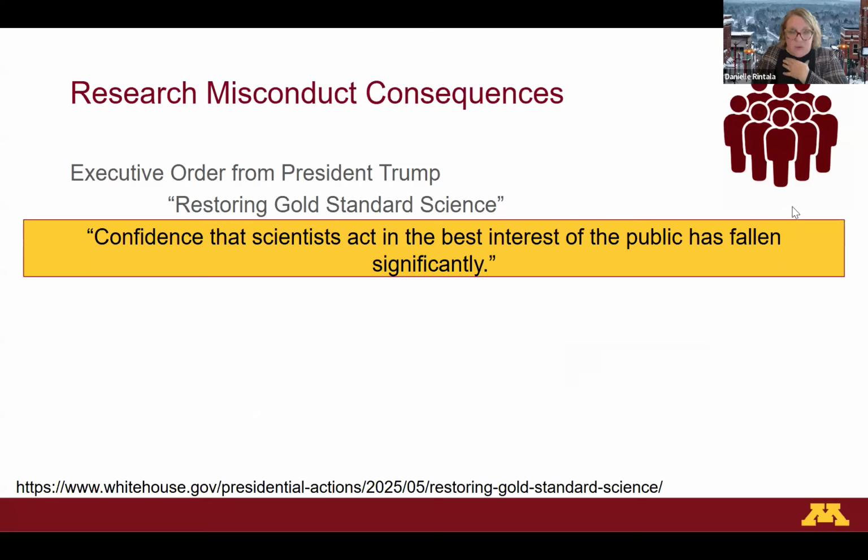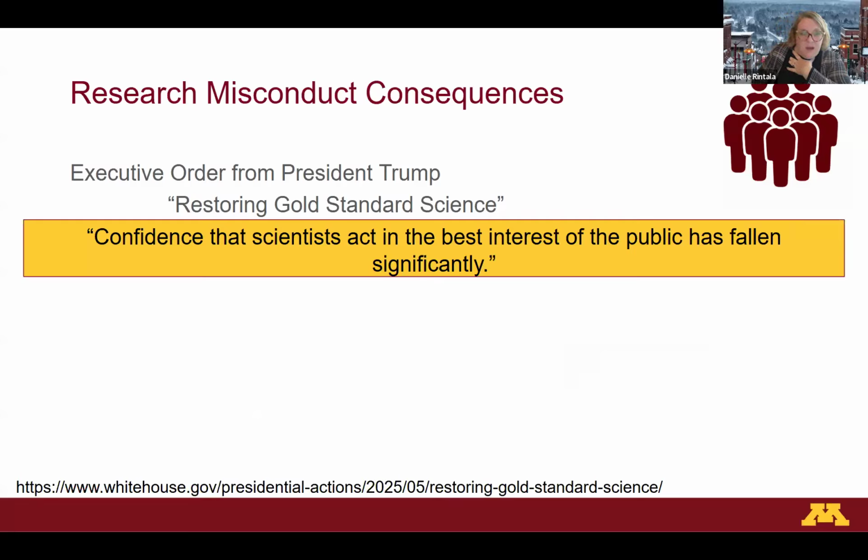And so, of course, one thing that we wanted to talk a minute about is research misconduct in the spotlight. During the Biden administration, the Office of Research Integrity passed the new regulatory policy for implementation, and it has moved forward.